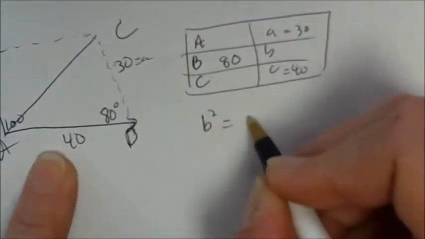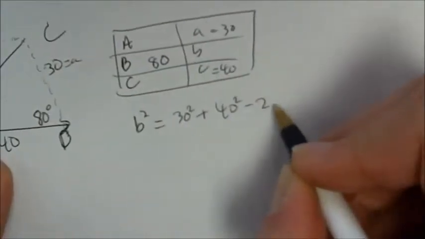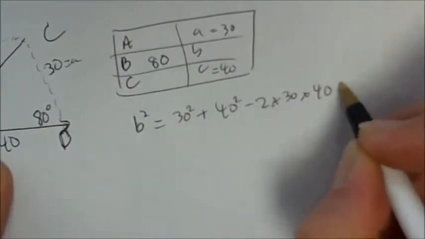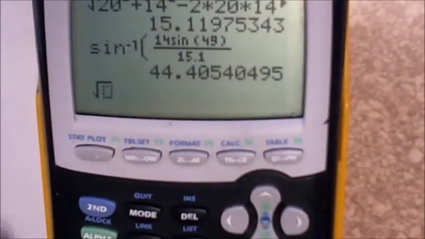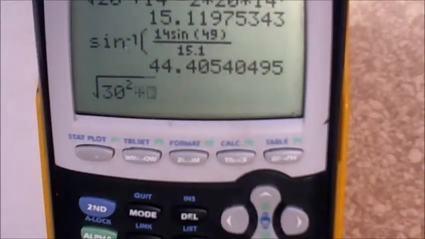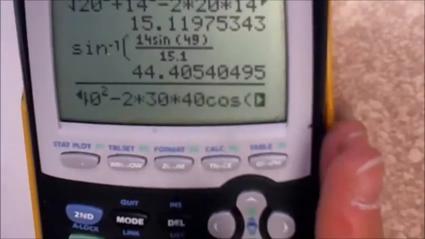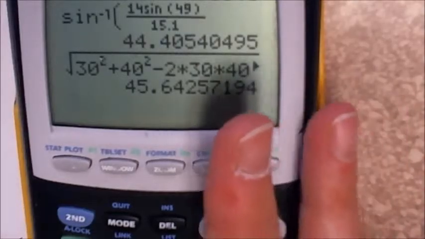B squared equals a squared plus c squared minus 2 times a times c times the cosine of big B. So we're going to do the square root of that whole thing in our calculator. The square root of 30 squared plus 40 squared minus 2 times 30 times 40 cosine of 80. And that would be 45.6.